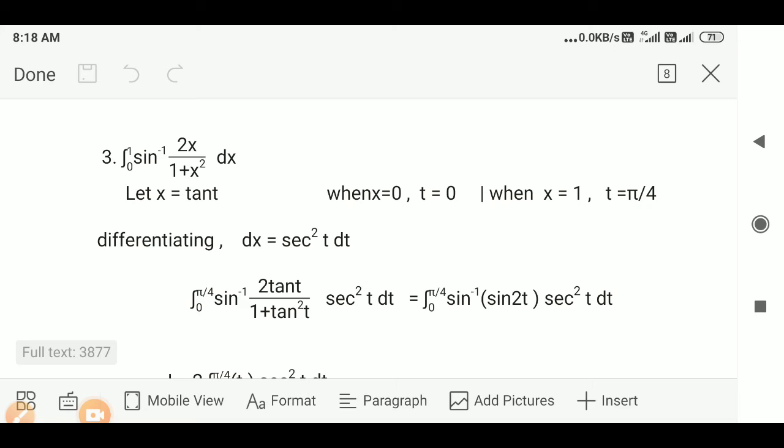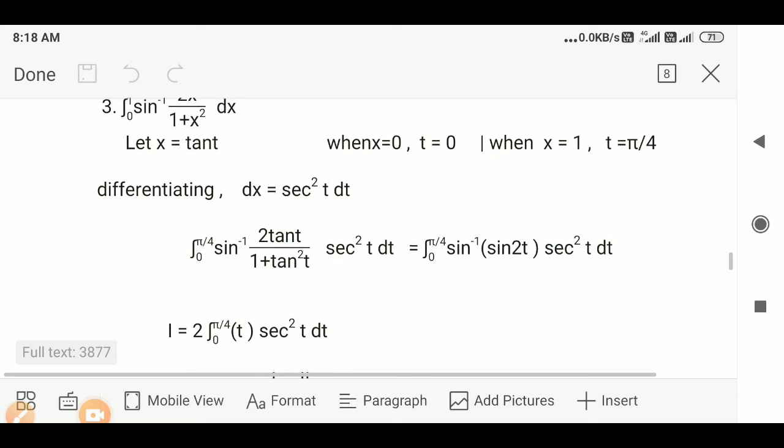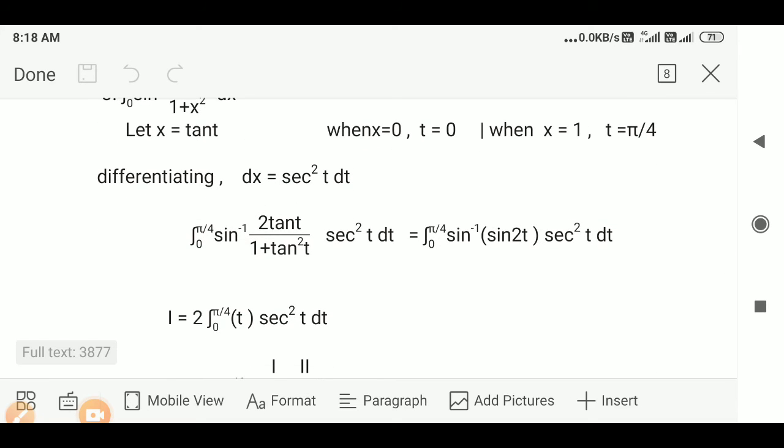So putting the values in the above, the expression becomes 0 to pi by 4 sin inverse of 2 tan t upon 1 plus tan square t into sec square t dt. Now this 2 tan t upon 1 plus tan square t is the value of sin 2t.